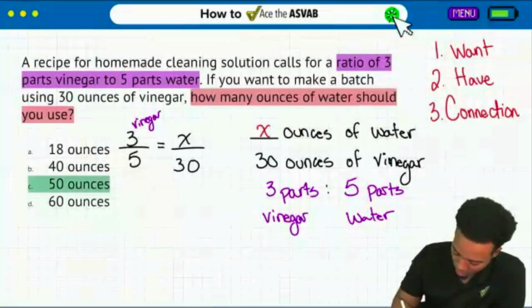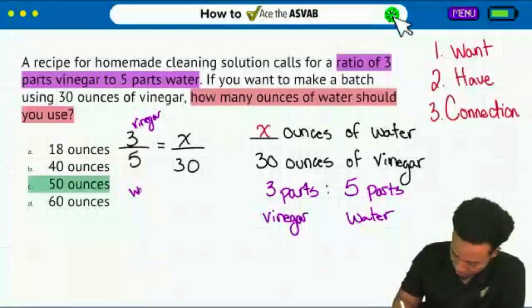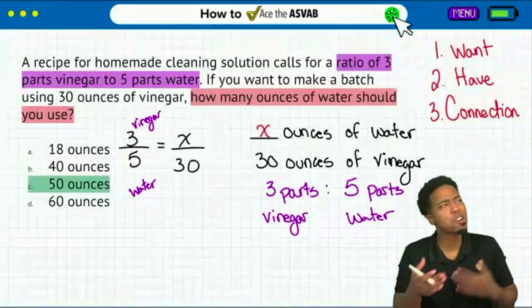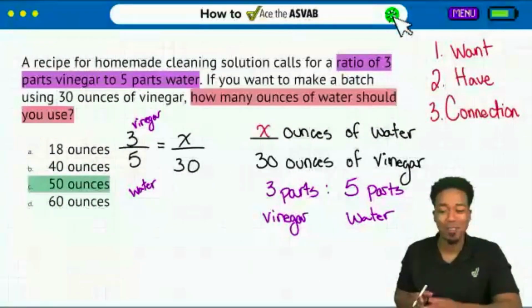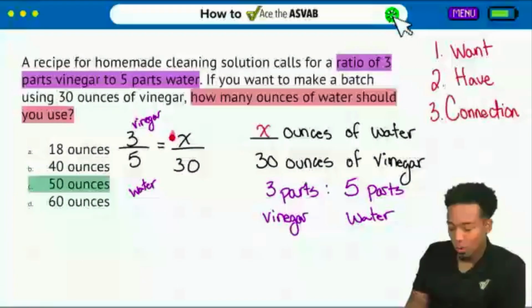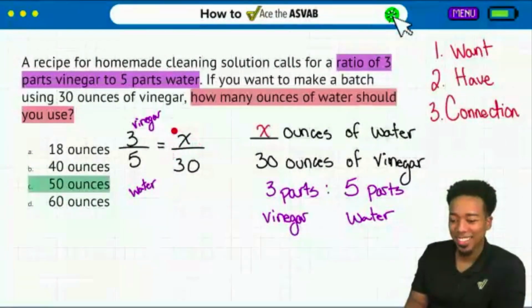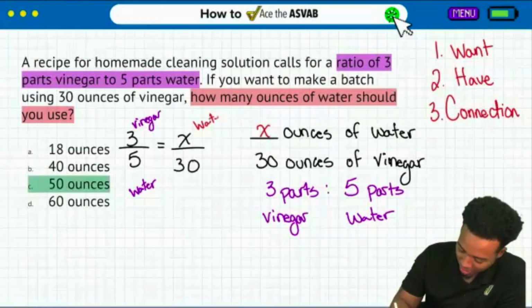Okay, so we have vinegar up top, water on the bottom. Now let's go ahead and see if we're comparing the same things in the same way. I already see a couple of y'all had some light bulb moments. I love this. So everybody, what does the X currently represent? What does that X represent? That represents the water. So I'll go ahead and write that out right there.